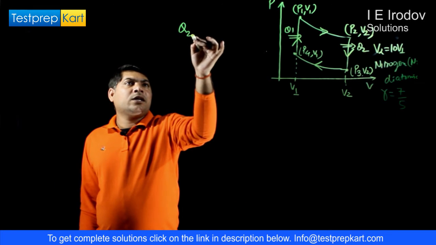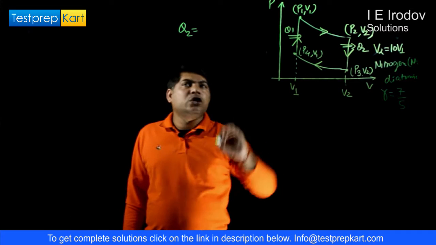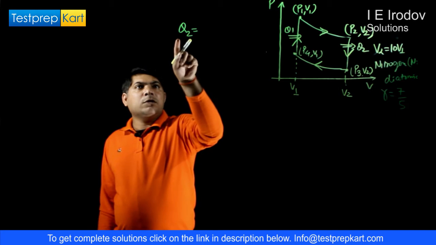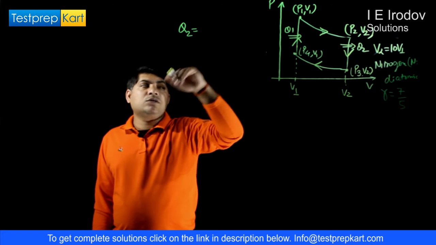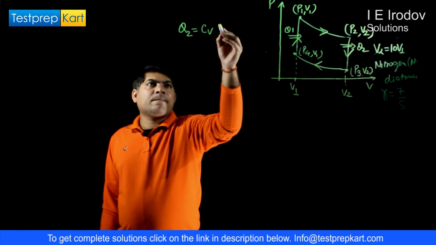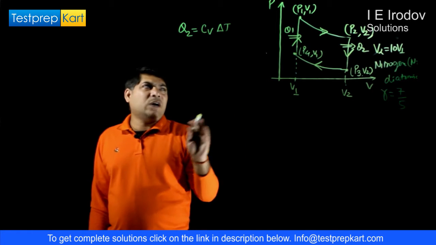So Q2 would be, when the process is isochoric, work done is equal to 0. So heat supplied or lost by the system is equal to the change in internal energy, which is CV delta T. We are taking 1 mole.